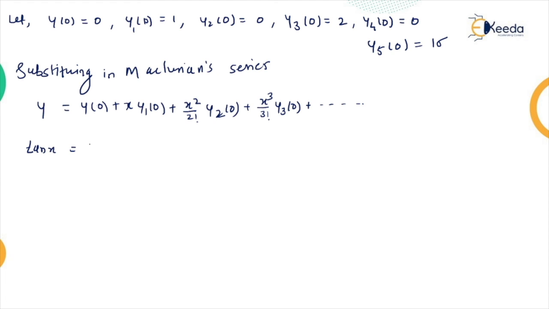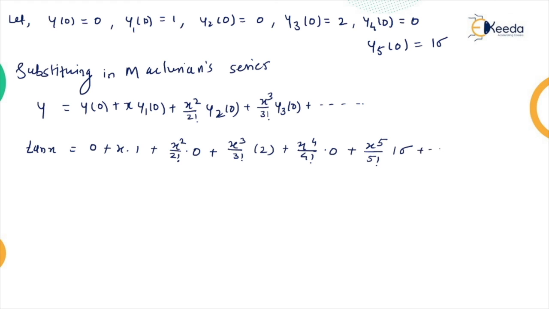plus x into y1 of 0, that is 1, plus x square upon 2 factorial into y2 of 0, that is 0, plus x cube upon 3 factorial into y3 of 0, that is 2, plus x raised to 4 upon 4 factorial into y4 of 0, that is 0, plus x raised to 5 upon 5 factorial into y5 of 0, that is 16, plus and so on.